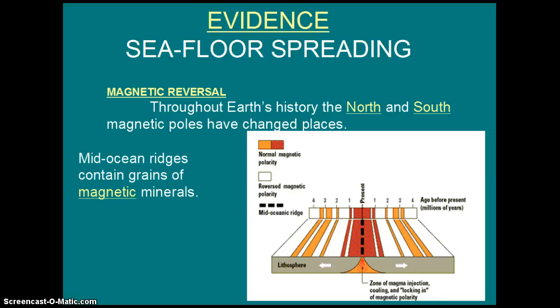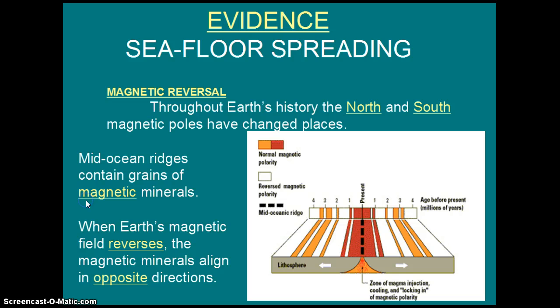So in the mid-ocean ridges, scientists discovered that much of the grains inside the mid-ocean ridges were actually magnetic minerals. And they found that when the Earth's magnetic field reversed, the magnetic minerals aligned in opposite directions.